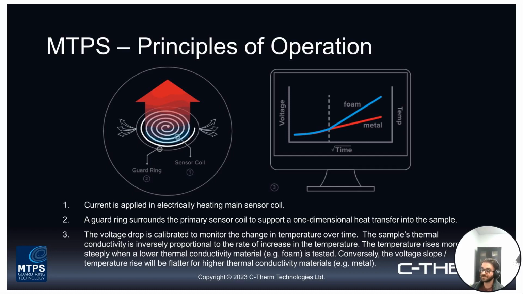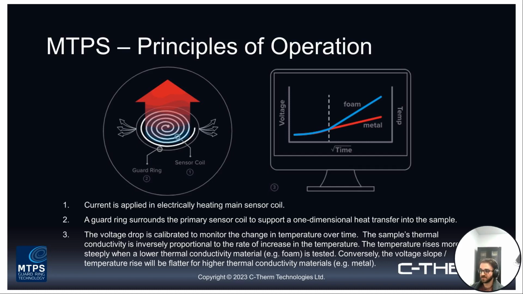So with the MTPS, the nice thing is there's no user analysis required. There's not any data adjustment. You don't have to play around with any of that. You simply set up the measurement with the appropriate calibration, run your measurement, and then the results are tabulated for you automatically.